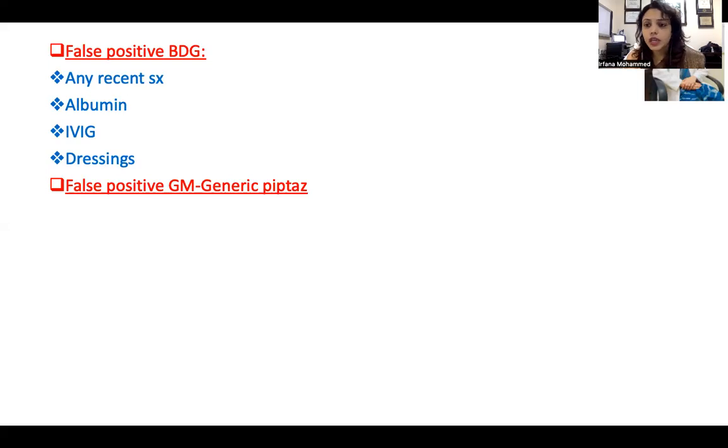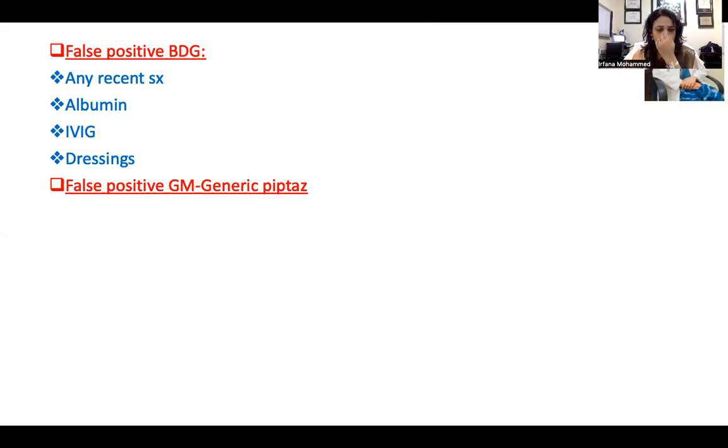And intravenous albumin, which we use very frequently in our ICUs, also has very high beta-glucan, to the level of 20,000 sometimes. So any patient with recent albumin administration, you have to read the BDG values with caution. And intravenous immunoglobulin and any local dressings with gauzes, these situations will have high beta-glucan values.